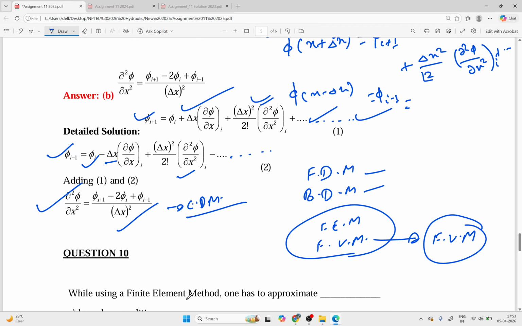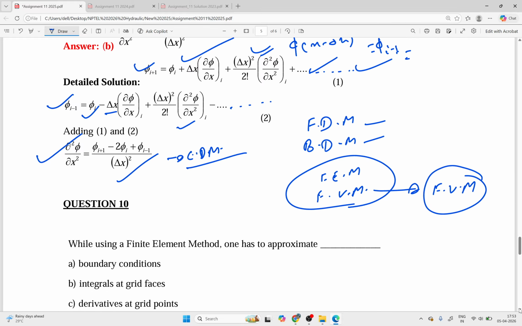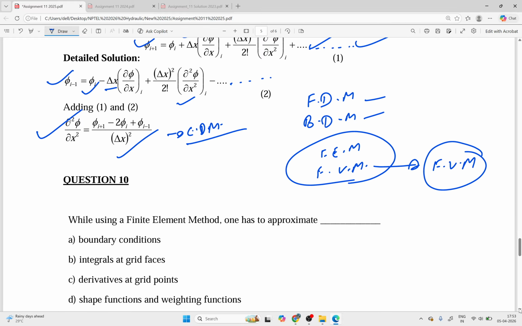Okay, so here is a finite element method question. Fundamental things: while using a finite element method, one has to approximate what?